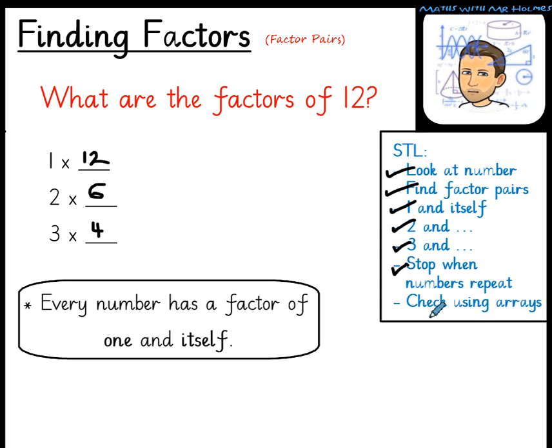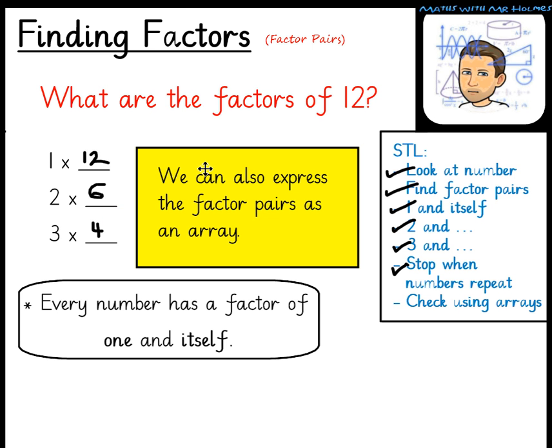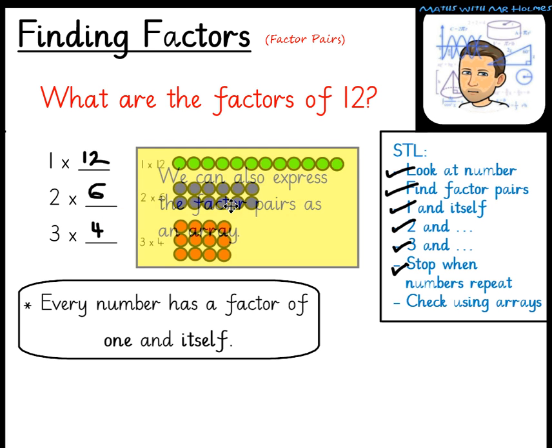Our final part, we're going to check using an array. So that's when we have 12 counters, and we'll arrange them into 1 row of 12, 2 rows of 6, 3 rows of 4. They look a little bit like this.